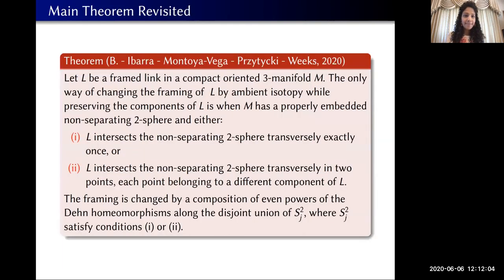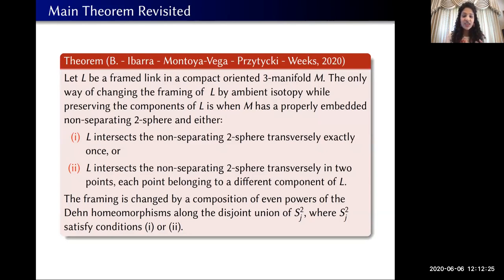Okay, so this is our main theorem, which we revisit. What we have shown is that the incompressible annuli and the compressing disks are the building blocks of the two spheres which are intersected either once or twice by the framed link.